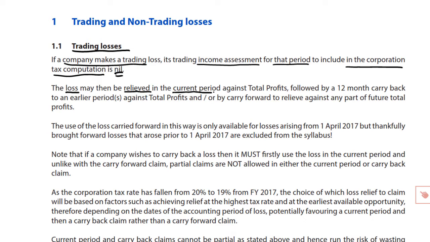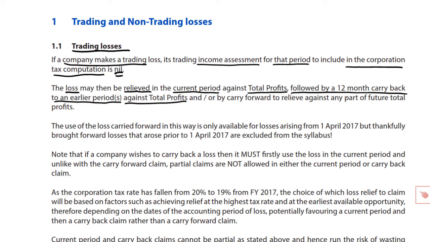Well, in the current period against total profits, followed by a 12-month carry back to an earlier period or periods, again against total profits. Now again we note there a 12-month carry back.